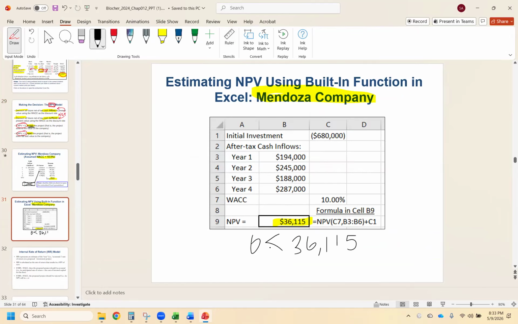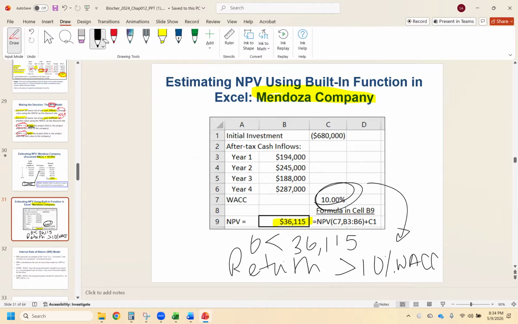So the return on the project is greater than 10%, which is the weighted average cost of capital, because we use 10% as the discount rate in the net present value calculation, and it still came up positive. So that means this project is giving us more than a 10% return.